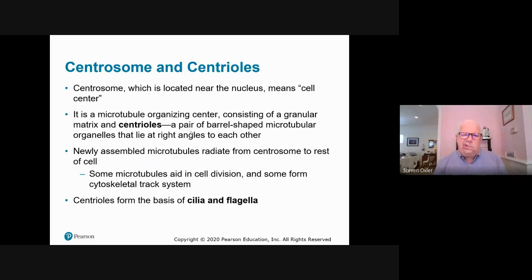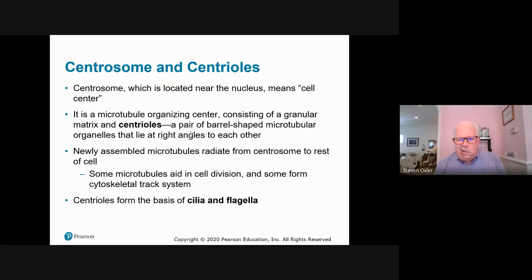The word centrosome basically means cell center. And basically, the centrosome is an organizing center for all of the microtubules.